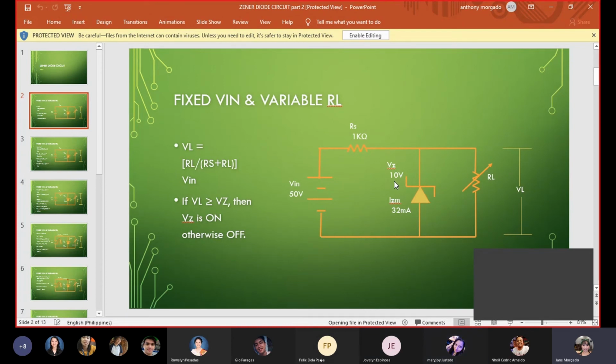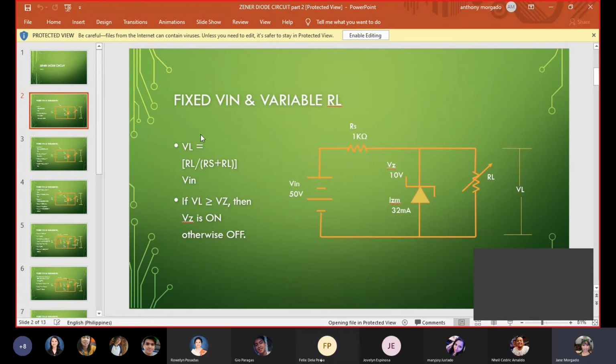So, para magawa natin yun, we have a voltage divider. Ito yung ginagamit natin kanina, di ba? To determine if the Zener diode is on. But then, in this fixed V and variable RL, the premise is that the Zener diode is already on. So, dapat si VL should be equal to VZ. Tama? Yes po.